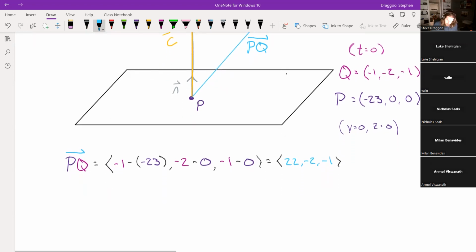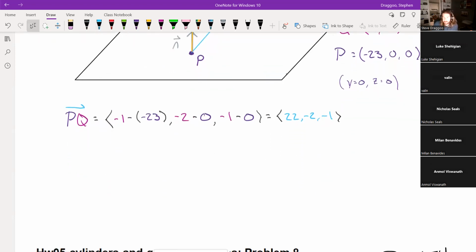All right, so finally, I want to get the magnitude of C because I know that's going to be my distance here. So my magnitude of C is the component of the vector PQ that goes in the direction of the normal vector n.